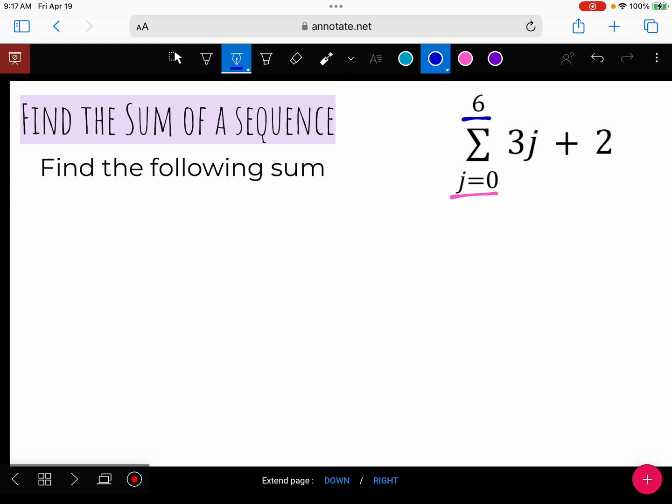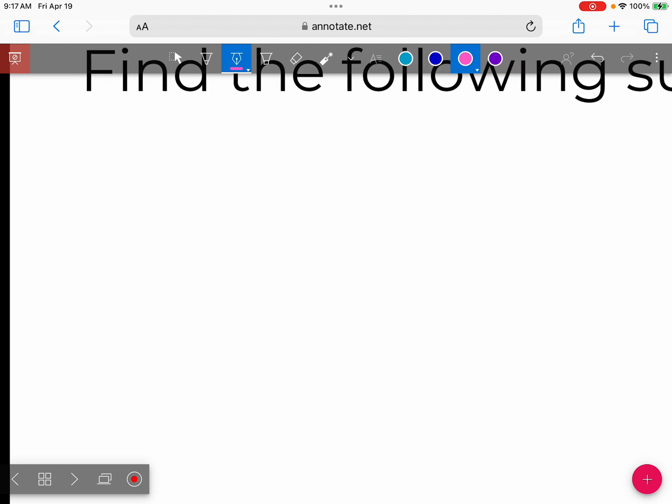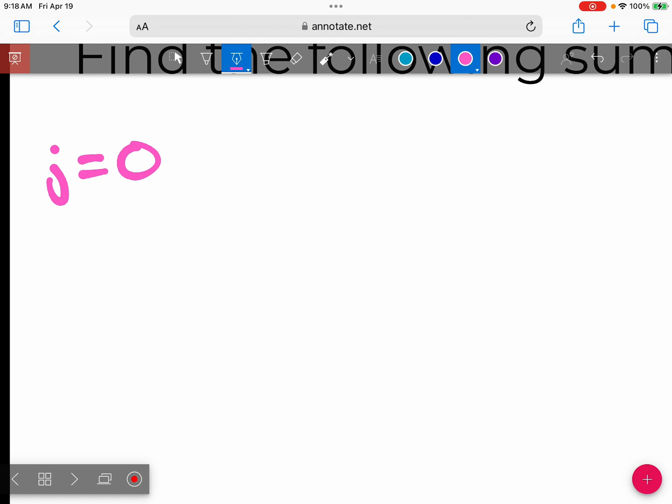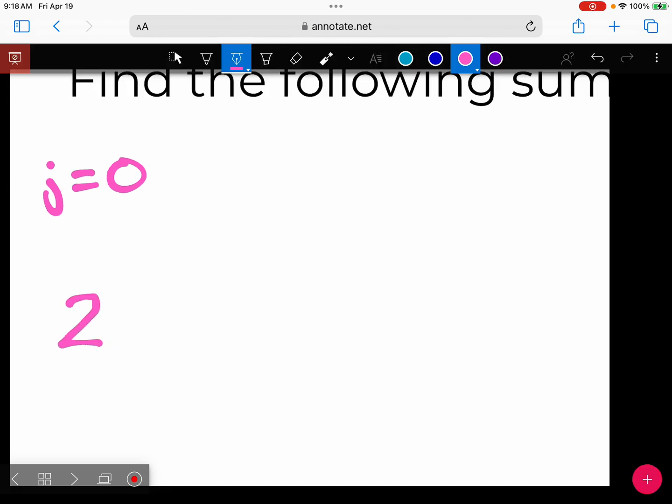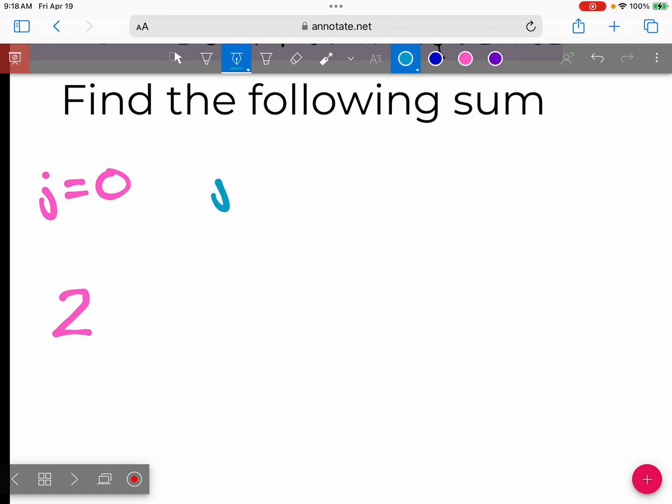So we're just going to figure those out. We're just going to start and truck along. So when j equals 0, what is the value? 2, because it's 3 times 0, which is 0, plus 2. When j is 1, 5. 3 times 1 is 3, plus 2 is 5.